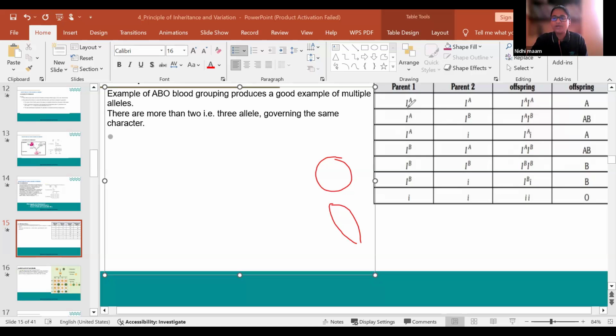So here our offsprings' blood group will be decided by 3 alleles, that is I raised to A, I raised to B and a small letter i.